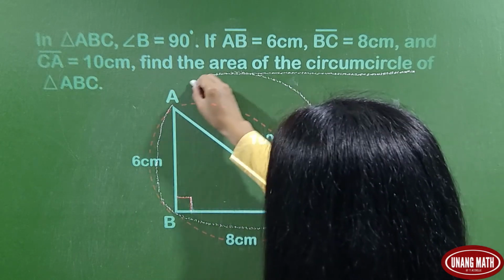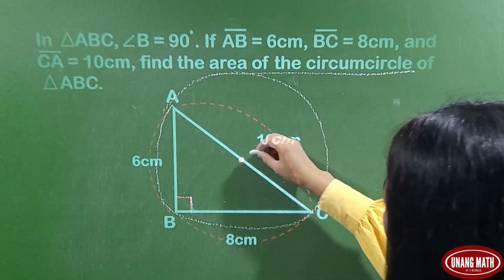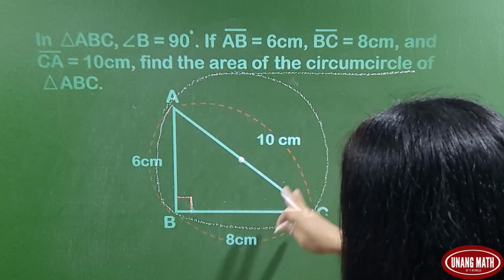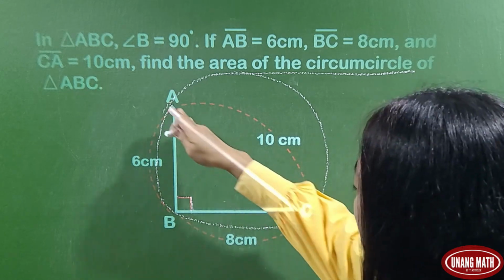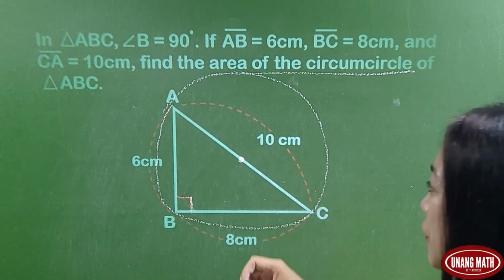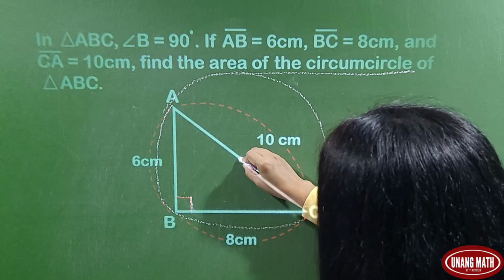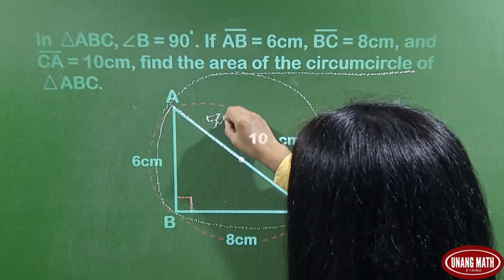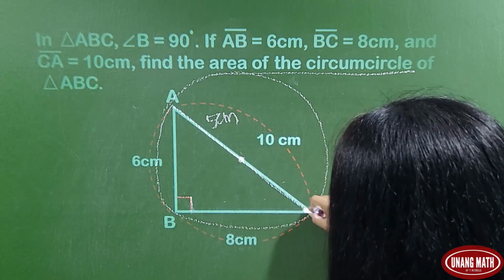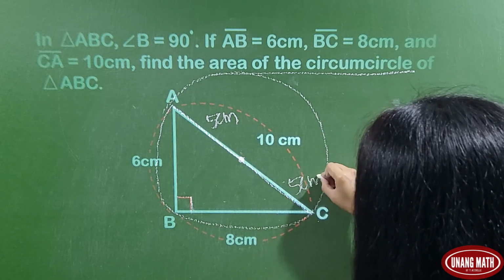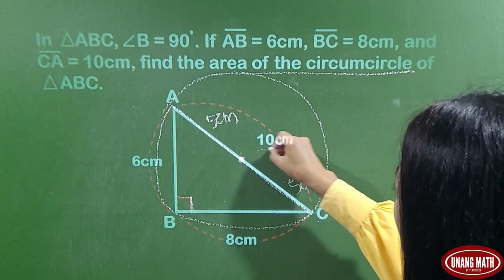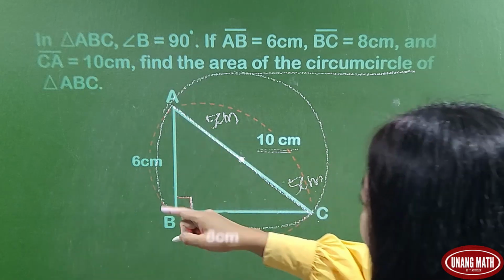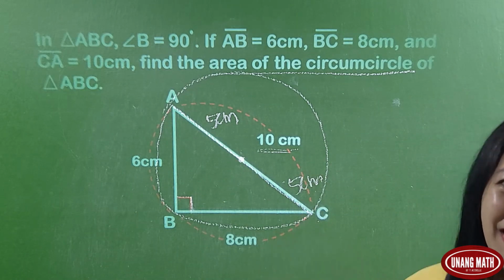Then the circle would look like this. This is the center of this circle, or the midpoint of our hypotenuse. From here to this point is 5 centimeters. From here to this point is 5 centimeters, because the whole is equal to 10 centimeters. And from the center to this point is our radius.